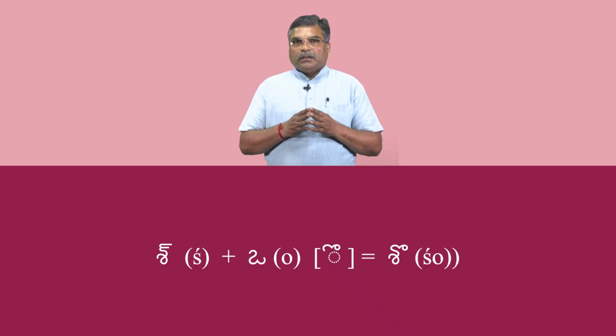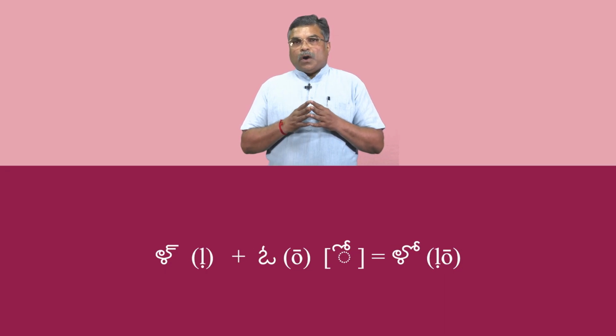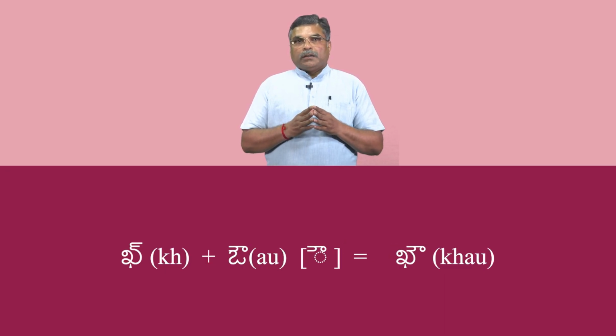The following discussion examines the mechanisms through which selected secondary vowel symbols are affixed to consonantal bases. Sha plus O, Sho. La plus O, Lo. Kha plus Au, Khau.